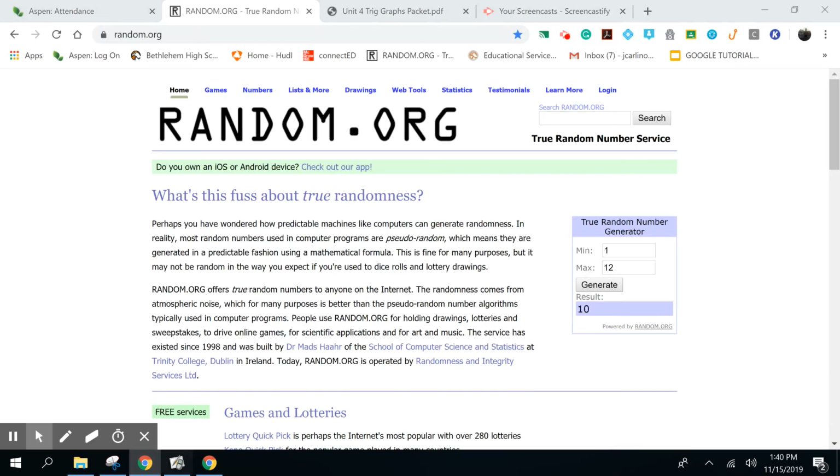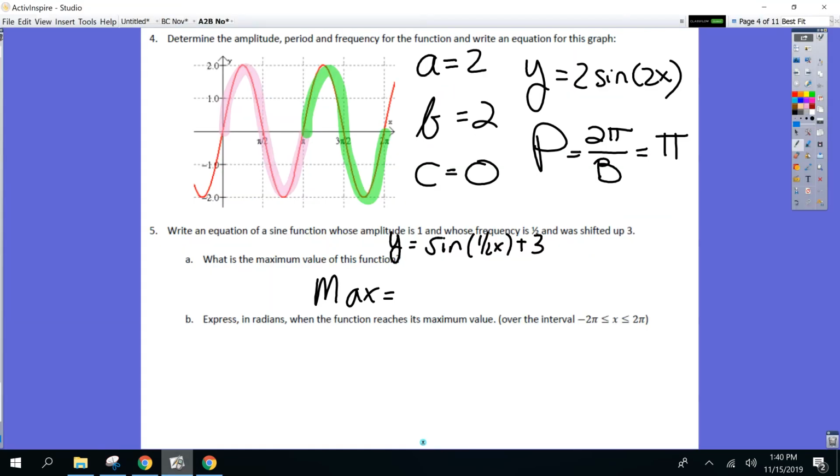Oh, 10 max. Before I shifted, where'd it go up to? No, that has nothing to do with where it went up to. The amplitude went up to 1.